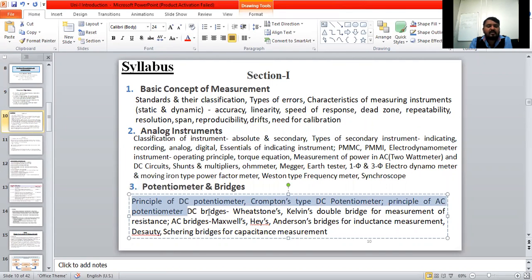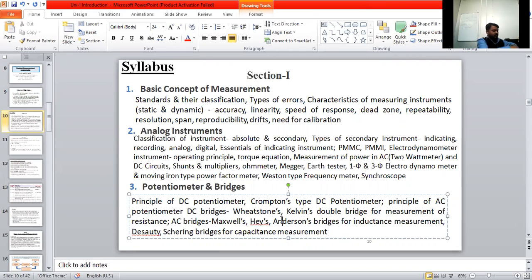Next, once the potentiometer is completed, we'll go for the bridges. First we'll discuss the DC bridges. DC bridges are used for the measurement of resistance. But in resistance measurement, we have to measure high resistance, low resistance, medium resistance.